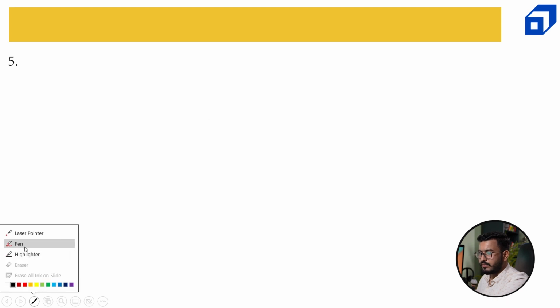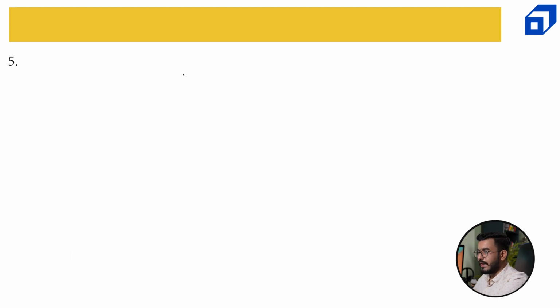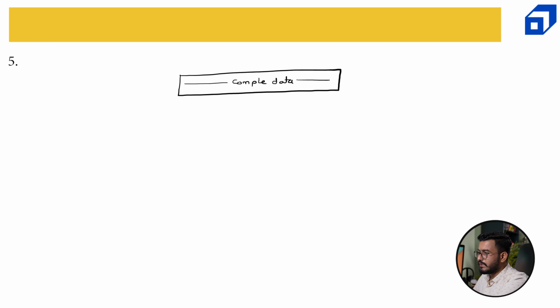So what happens in cross validation? We have this data. Assume that this is my complete data, and when I say complete data, that basically means complete train data.